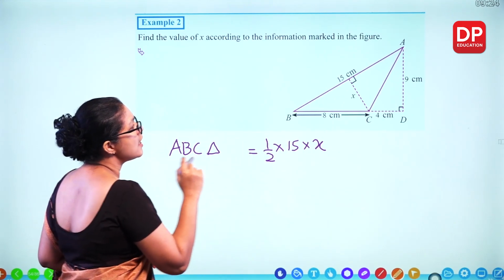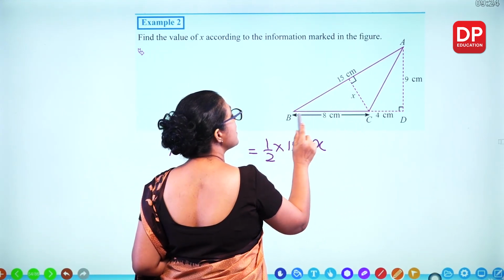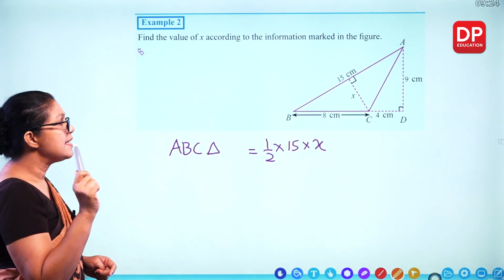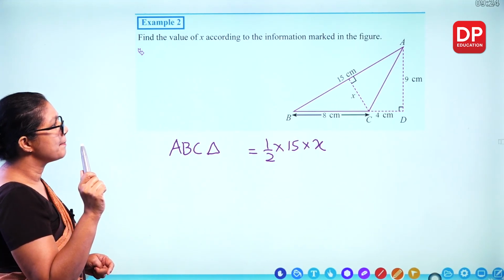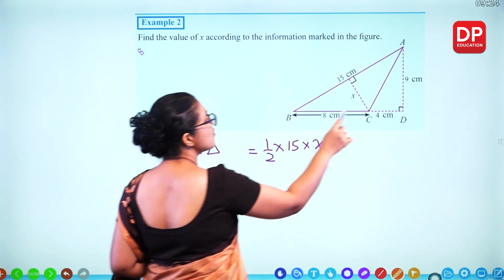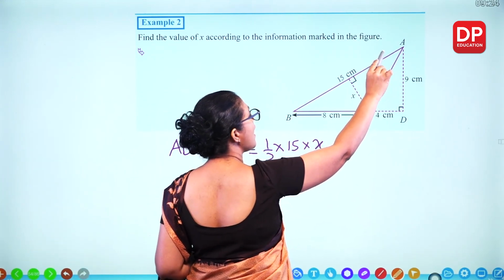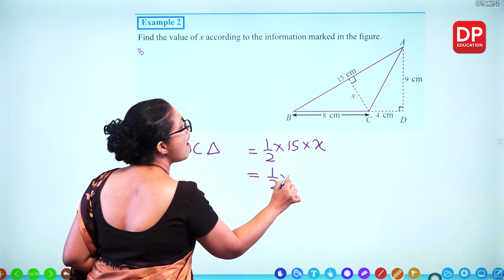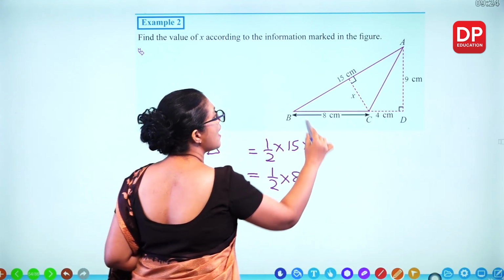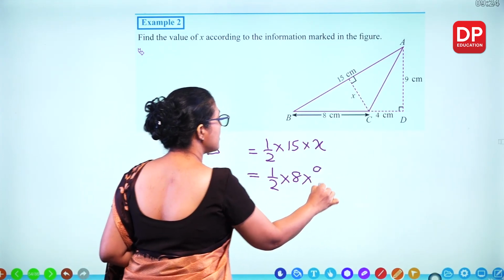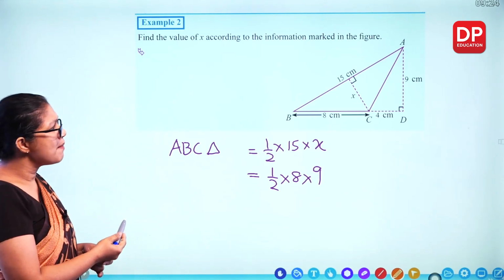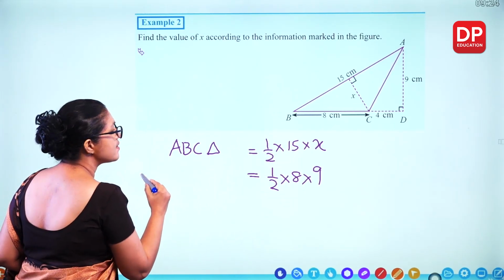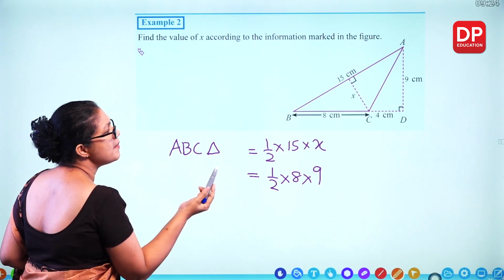And if you take BC as the base, 8, what's the perpendicular height to that? This is the perpendicular height. So you can write down the area half times 8 times 9. That's the area of the same triangle.